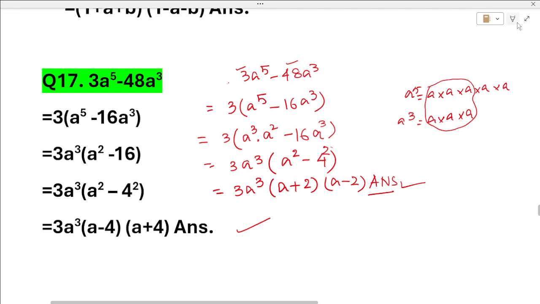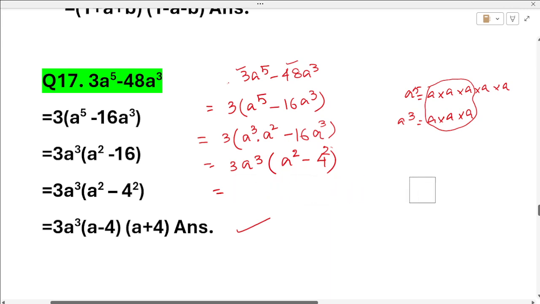Just wait. Need to correct it. Need to correct it. What it is said. Yeah, 16 is square of 4. Okay, a square and 4 square.